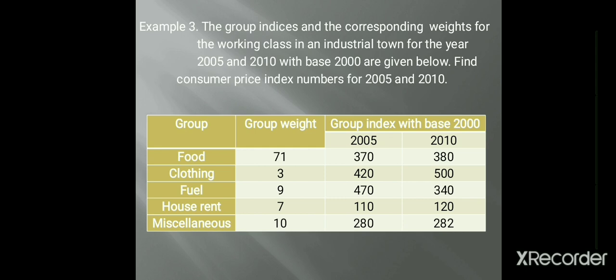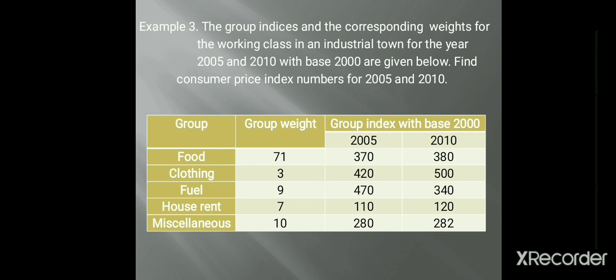The data has the first column heading as group, and the entries are food, clothing, fuel, house rent and miscellaneous. Second column heading, group weight: 71, 3, 9, 7 and 10. The next column heading is group index with base 2000.